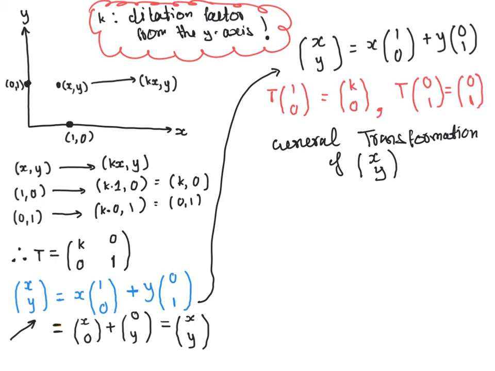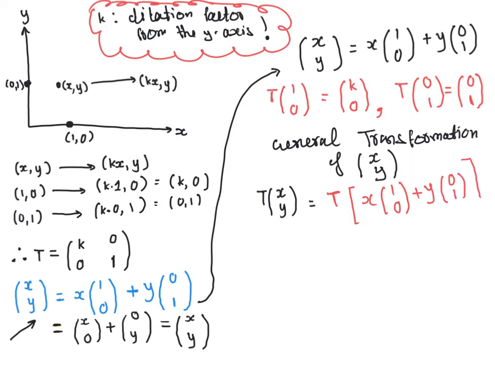We transform any point x, y. So T of x, y becomes: instead of x, y, I will replace it with the expanded form, T of x times 1, 0 plus y times 0, 1.